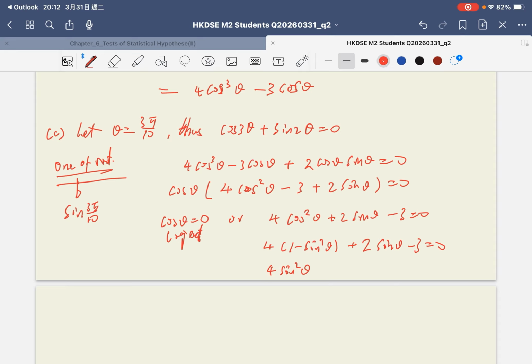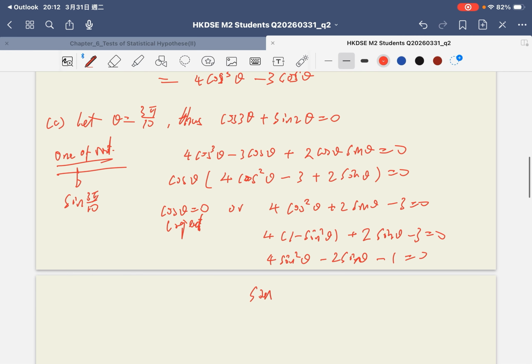We get 4 sine squared θ minus 2 sine θ minus 1 equal to 0. Then sine θ equals 2 plus or minus the square root of negative 2 squared minus 4 times 4 times negative 1, over 2 times 4.